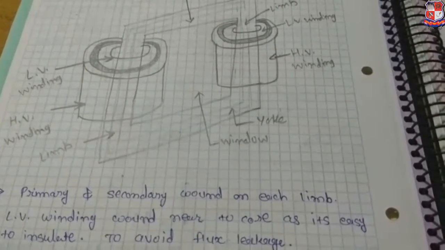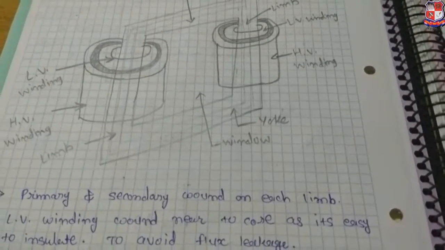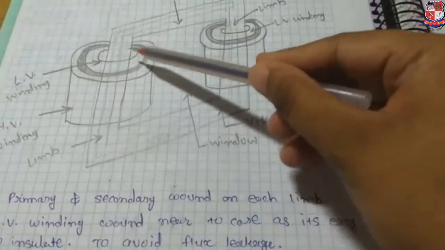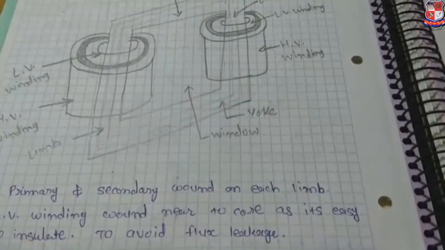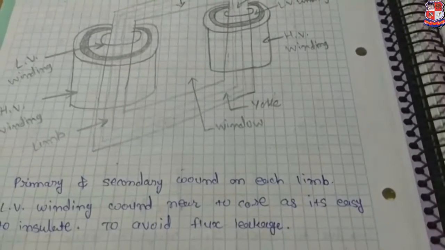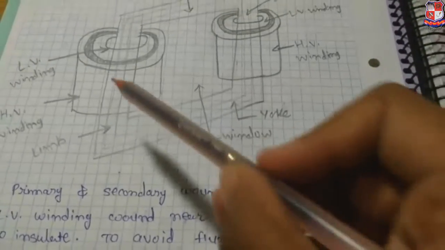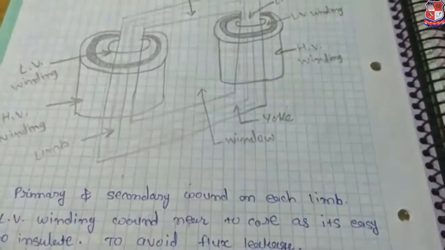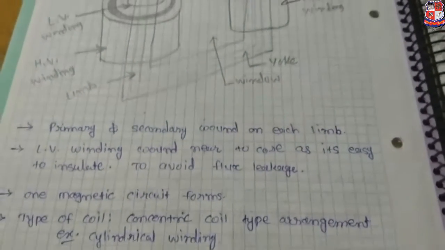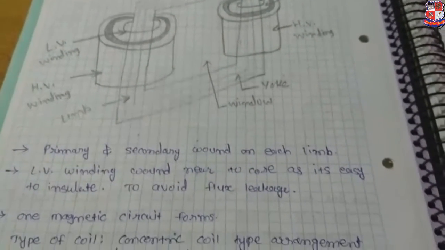So it will only make our transformer costlier, and due to the HV winding nearer to the core, we will get flux leakage. So to avoid flux leakage, and as the LV winding is easier to insulate, we will wound the LV winding nearer to the core. Okay, so this is why we wound the LV winding nearer to the core.